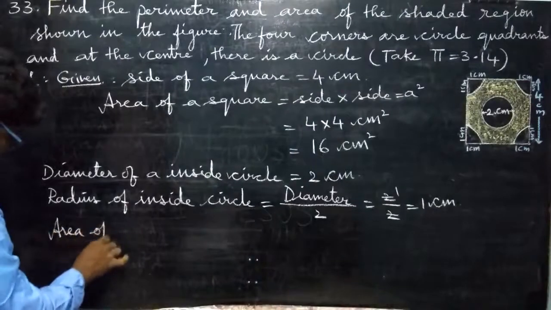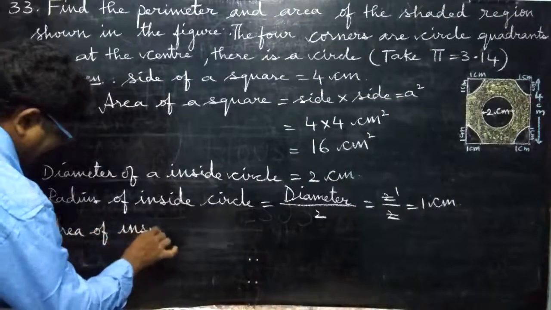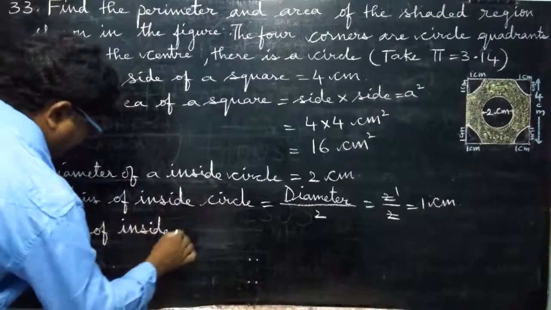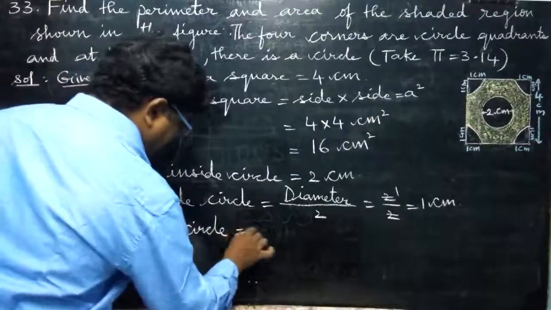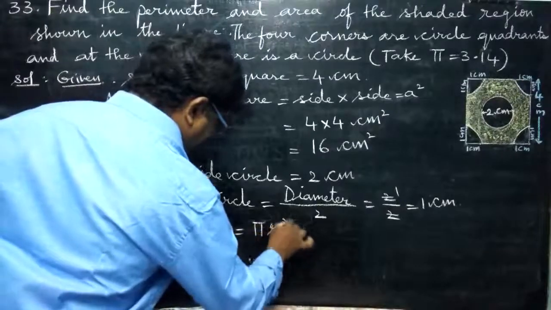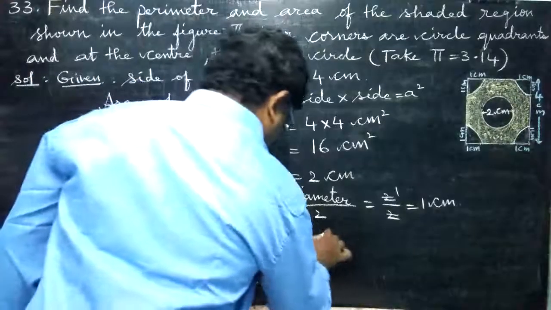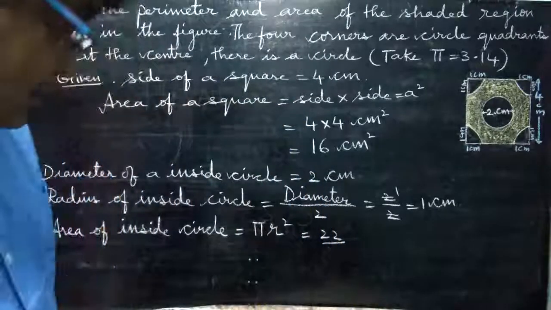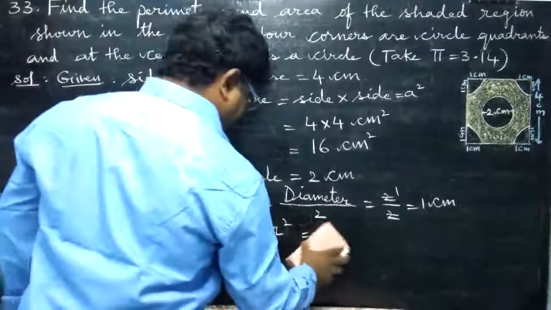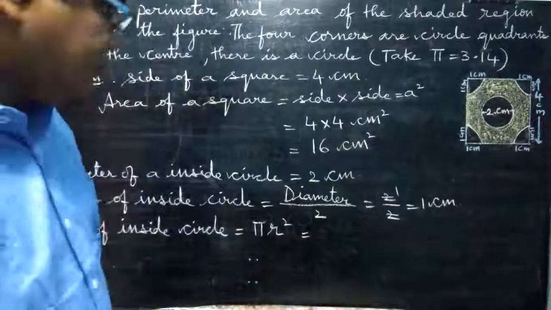Now find the area of the inside circle. The formula is pi r squared. Not 22 by 7, they told us to take pi as 3.14.